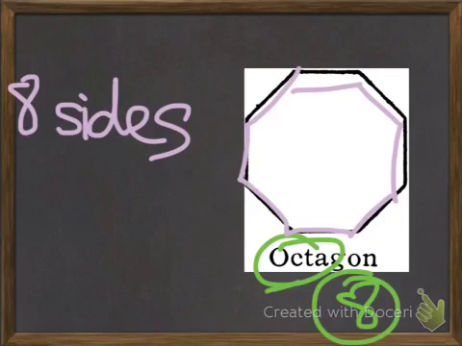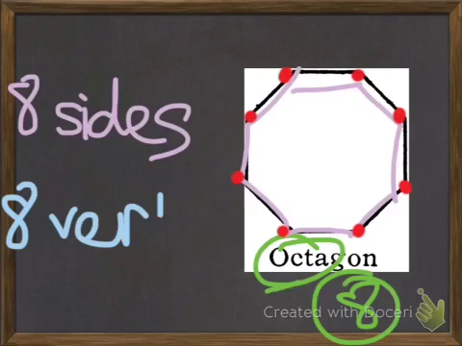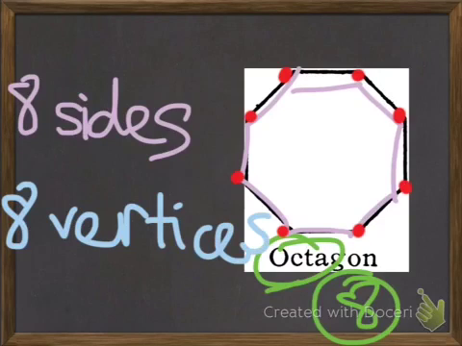And vertices, let's count the vertices. What are vertices? Vertices are corners. Dot, dot, dot, dot, dot. Right? So it has 8 sides and 8 vertices. Oops, that looks weird. Vertices.